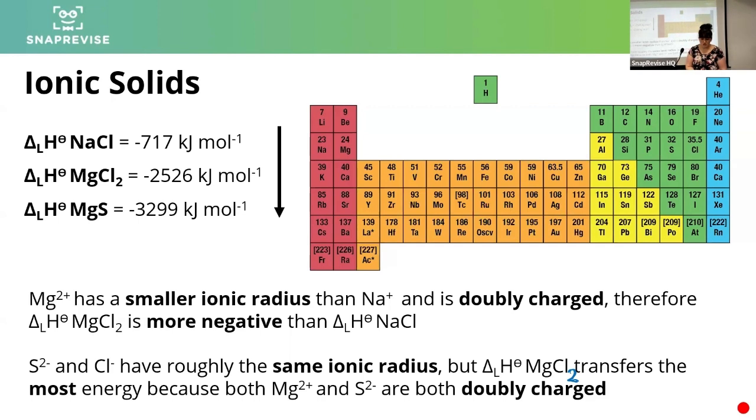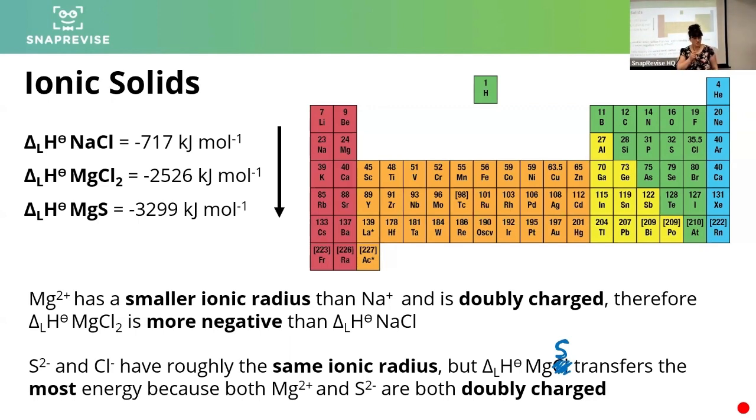But the enthalpy change of formation of magnesium chloride transfers the most energy because, no, that's wrong as well, sorry. Apologies, that's supposed to be MgS. Let me make a note as well, because I've got that wrong on my sheet. So that obviously hasn't been corrected. So that's supposed to be MgS, sorry.